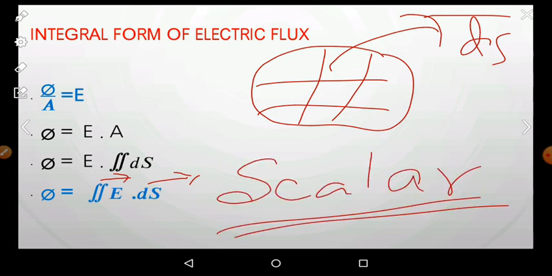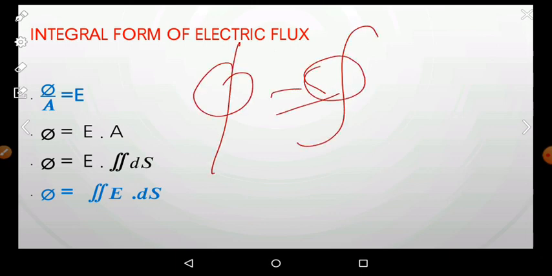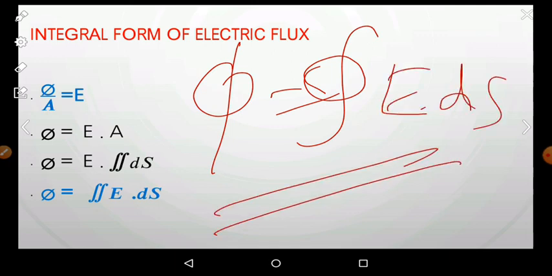So phi equals surface integral E dot ds. This is very important, to derive Gauss law in electrostatics, in integral form and differential form.